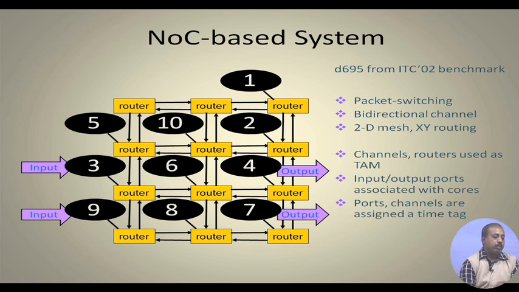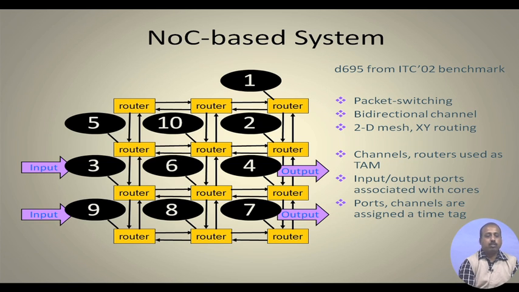If there is a communication from core 5 to core 8, core 5 will give the packet to this router, and this router, finding that the destination is 8, will go in the X direction first and reach the column where core 8 is located, and then it will go in the Y direction. That is why it is called XY routing.